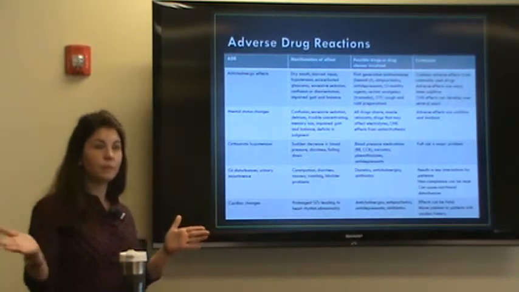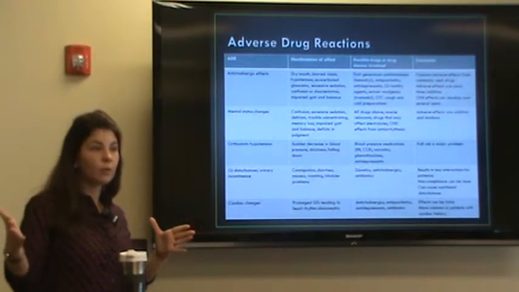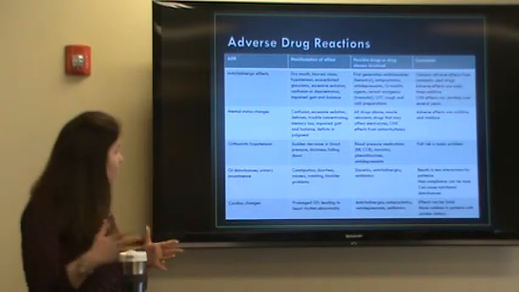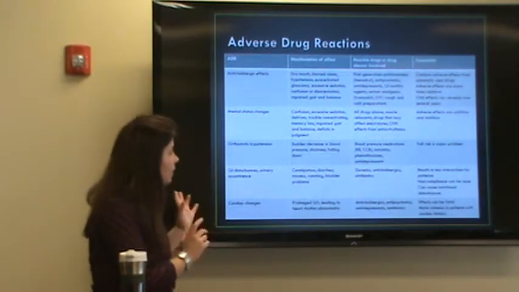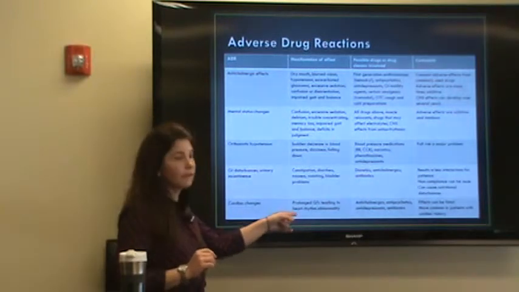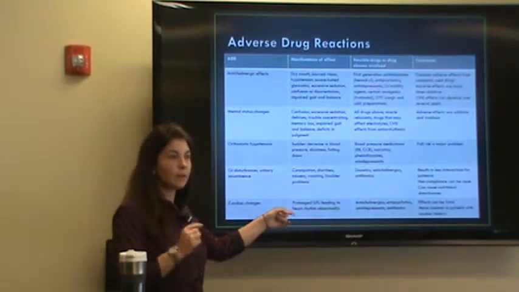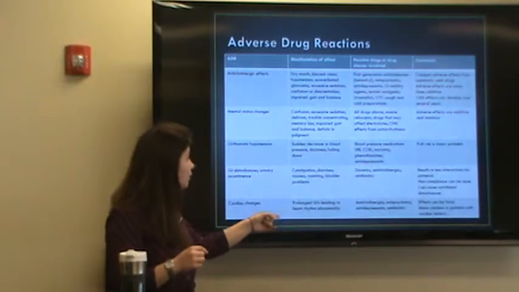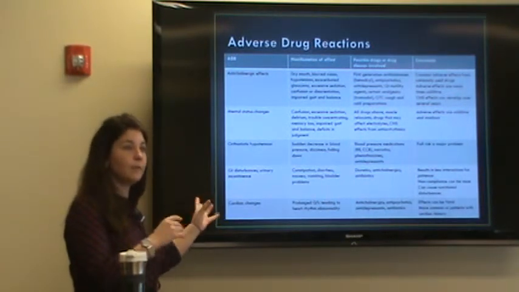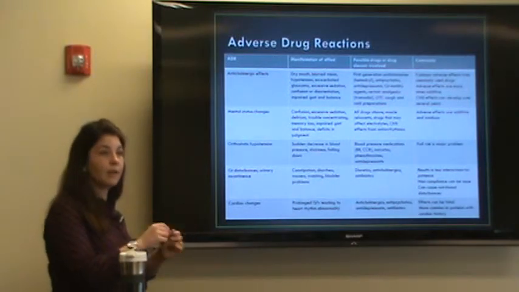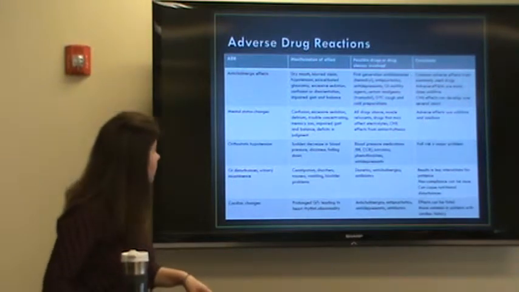If your QTC is prolonged to a certain extent, then you're more likely to have arrhythmia. So that's something to think about in elderly patients. Just thinking about ciprofloxacin, that's a common antibiotic that can cause QTC prolongation, and Zofran, that's a common anti-nausea medication that can cause QTC prolongation. So these two drugs together can have more likelihood to cause arrhythmias.